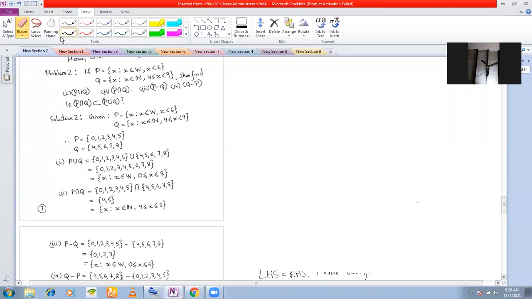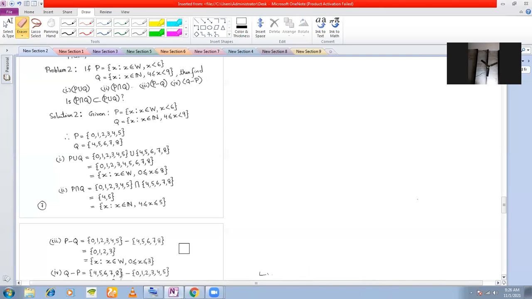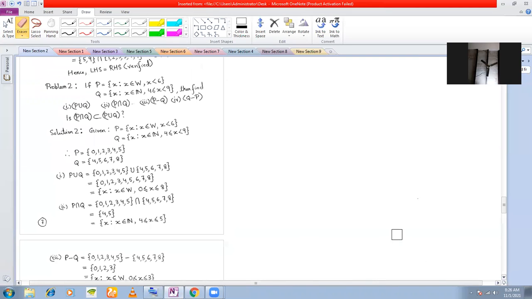Okay. So now if you see this problem here, the two sets are given here in set builder notation, right?